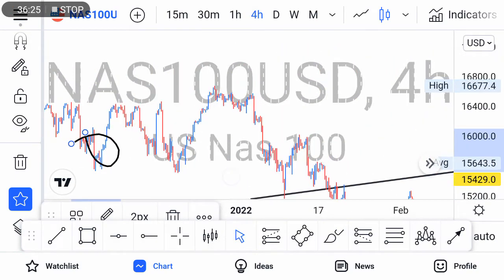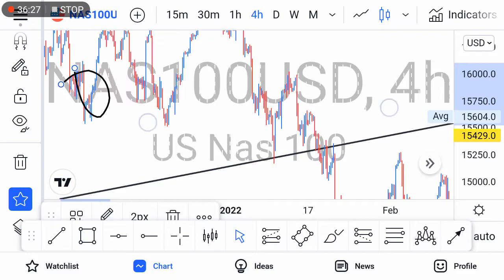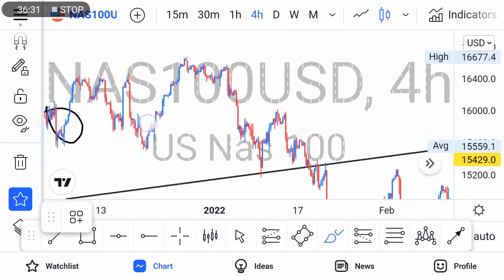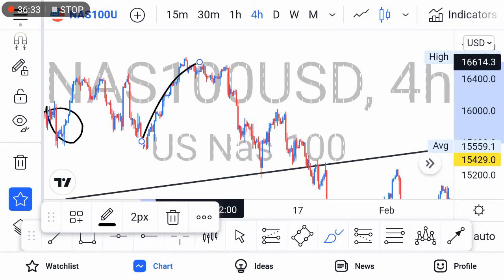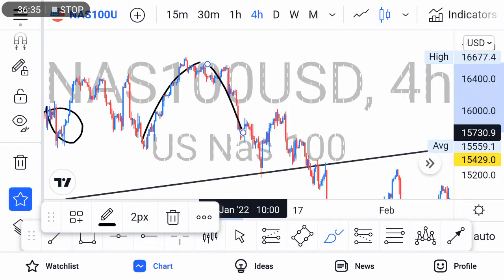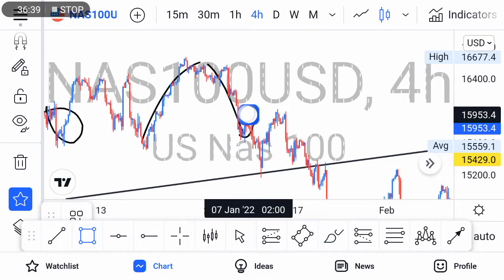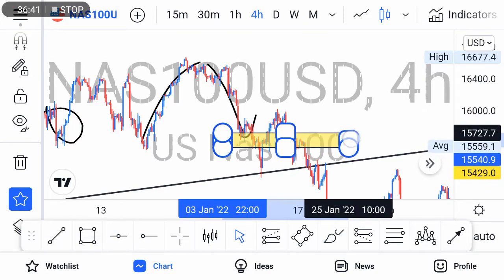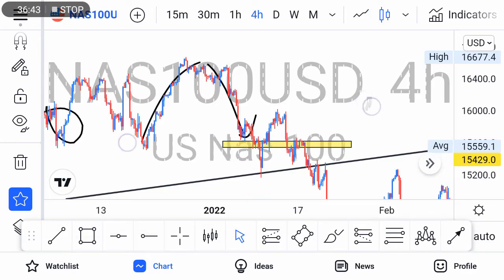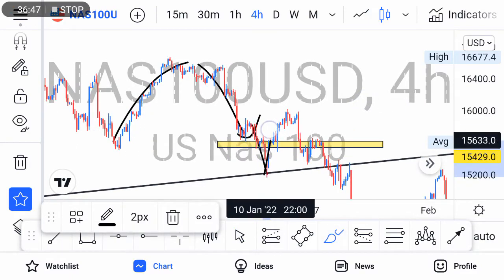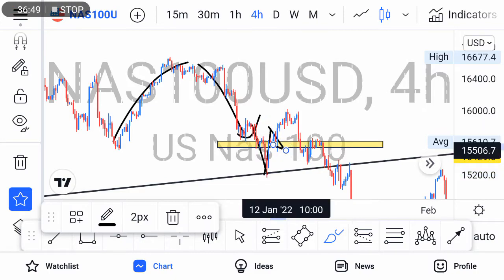We want our first rule to be met. We want the price to be in a bullish market, exhaust, give us a bearish market, and once it's here, we put our zone. We say, okay, we expect price to touch our trend line, go up, move away from the trend line, and retest.